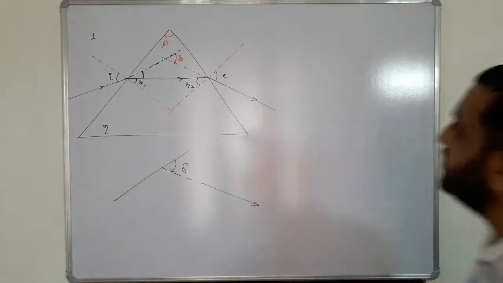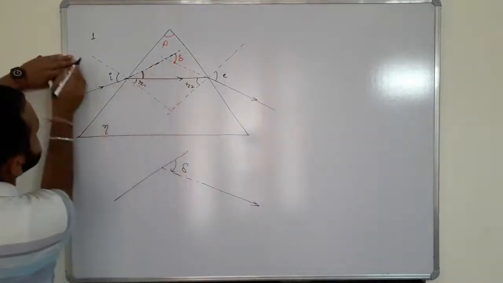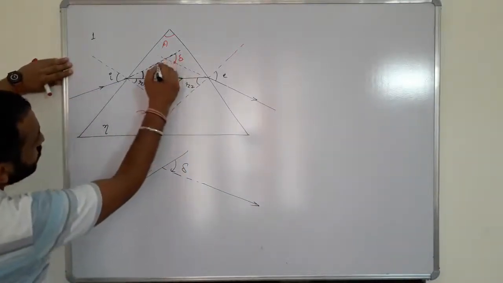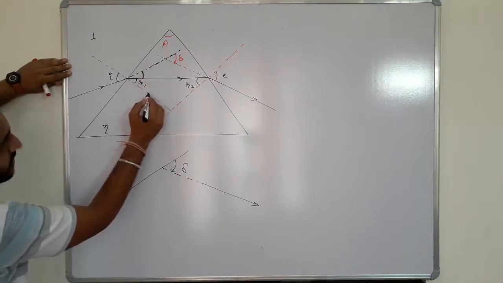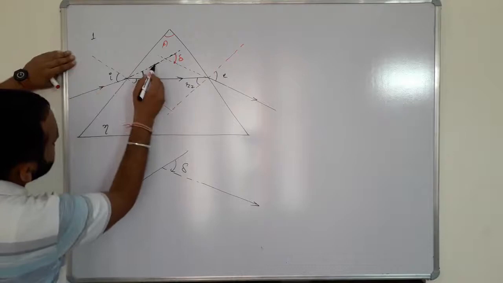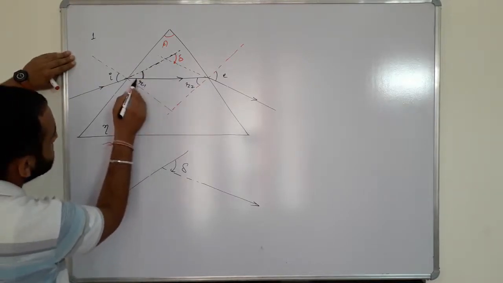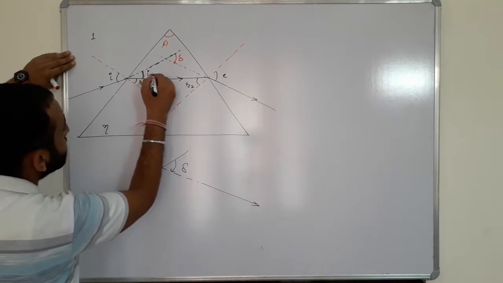Yes, this is a straight line, this is a straight line. So this total angle will be I. Again, this is a straight line and this is a straight line, so this total angle will be I. If this total angle is I and this is R1, this will be I minus R1.